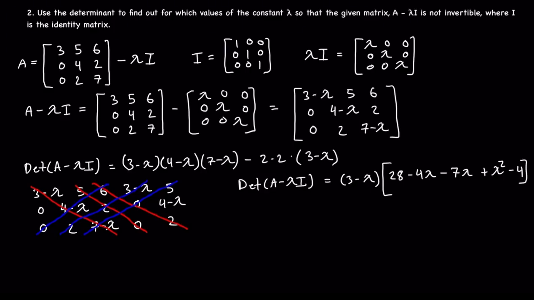Since the matrix is not invertible, we know that the determinant is equal to 0. So 0 equals this whole equation, 3 minus lambda times, and now let's clean up inside. 28 minus 4 is 24, and then negative 4 minus negative 7, that's negative 11 lambda, plus lambda squared.